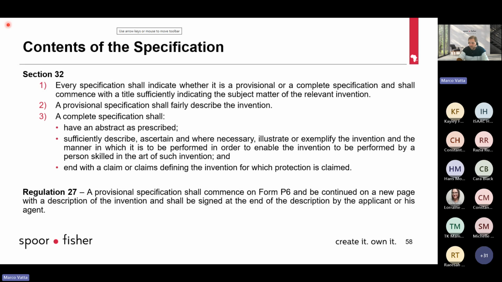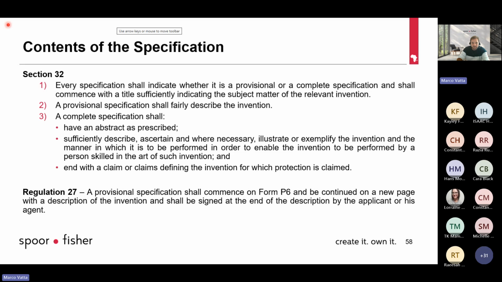It must sufficiently describe, ascertain, and where necessary, illustrate or exemplify the invention and the manner in which it is to be performed in order to enable the invention to be performed by a person skilled in the art of the invention. And you'll recall that I did mention this specific provision earlier this morning, and that it is a ground for the revocation of the patent if a person is not able to perform the invention based on the description and the contents of the specification itself.